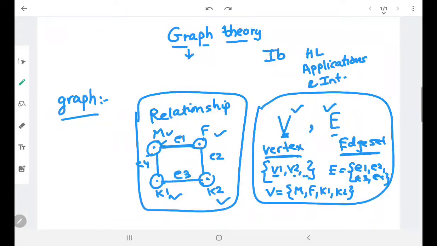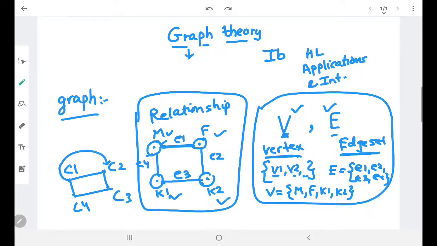They can be, like here, the family members. You can take an example where we are talking about different countries, and we are interested in finding the shortest path between them. Suppose I have to start from one country and go to 3-4 different countries. So what is the path? I am considering what is the minimum distance between them, or what is the cost of going from C1 to C2.